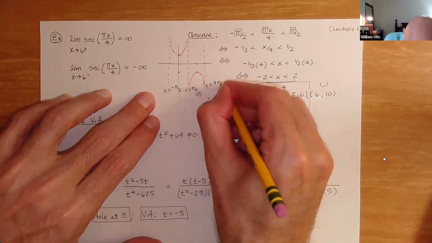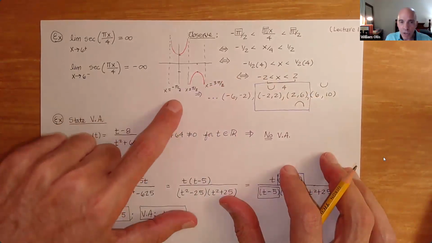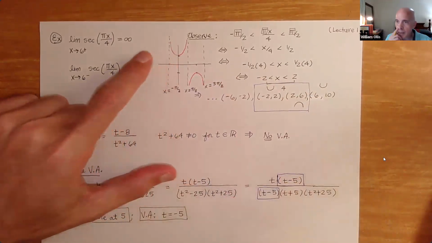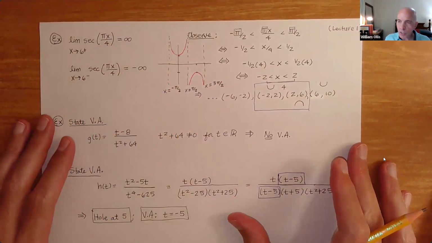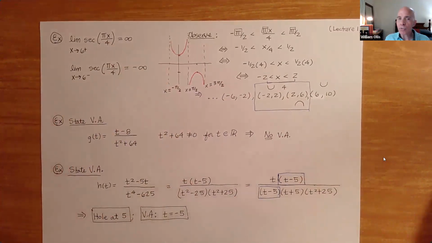So these are the standard asymptotes when you look at the principal period, so to speak. Note that the asymptotes are equally spaced. The function is very predictable, because it is built as the reciprocal of cosine.